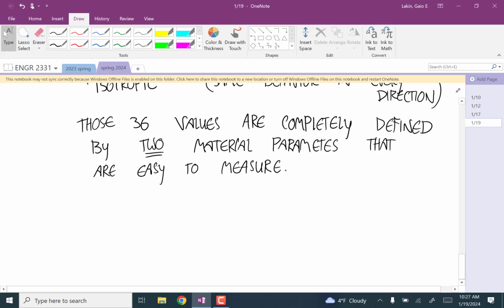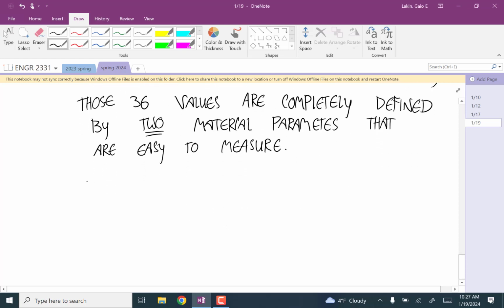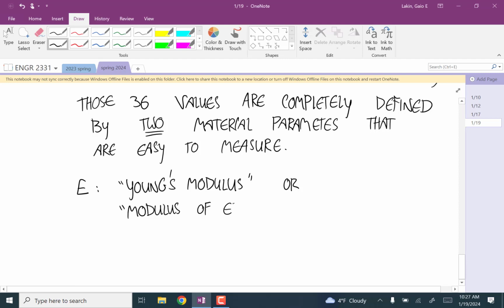Those two parameters are capital E, that's called Young's modulus, or the modulus of elasticity, or the stiffness.